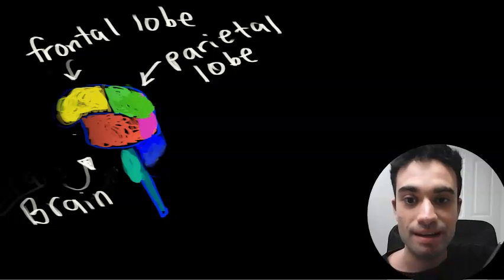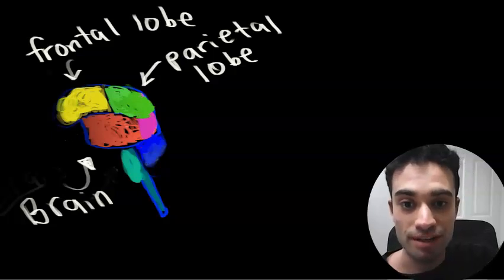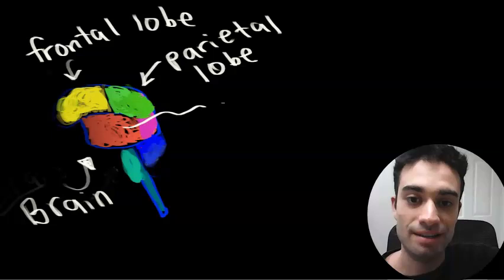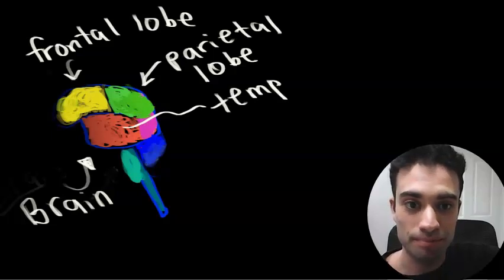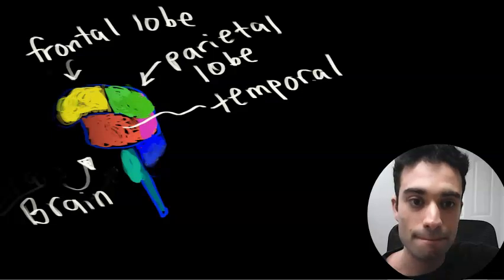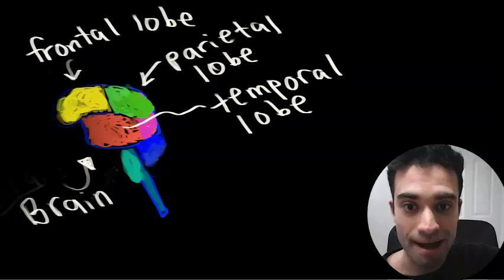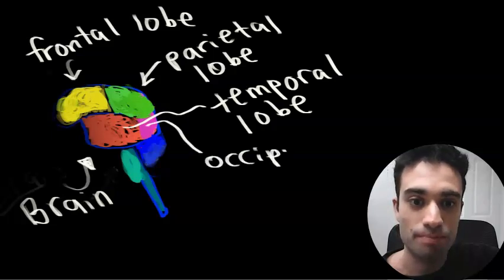This portion over here, in red, is known as the temporal lobe. And lastly, this portion in the back is known as the occipital lobe.